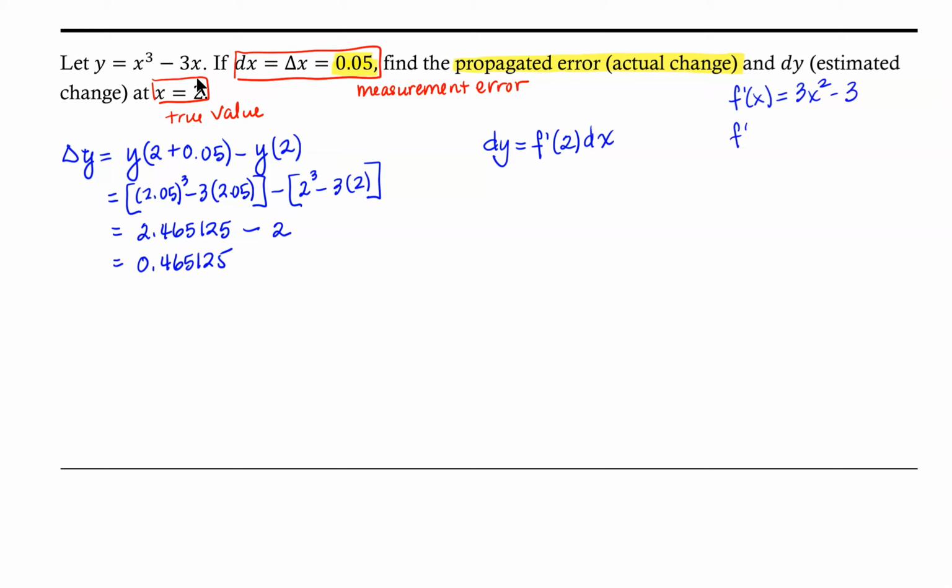And now we need to evaluate that at 2, our true value of this measurement. And we get 3 times 2 squared minus 3, which is 12 minus 3, or 9. So dy equals 9 times our dx, and our dx is 0.05.